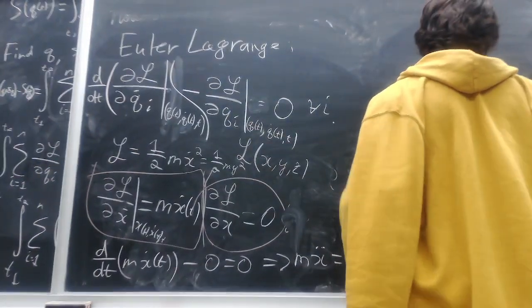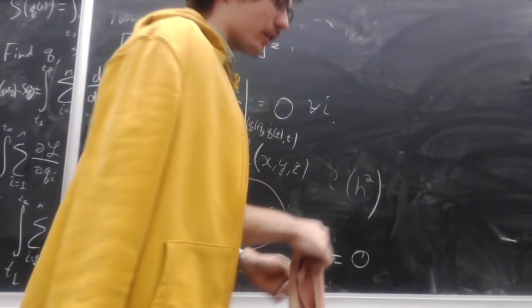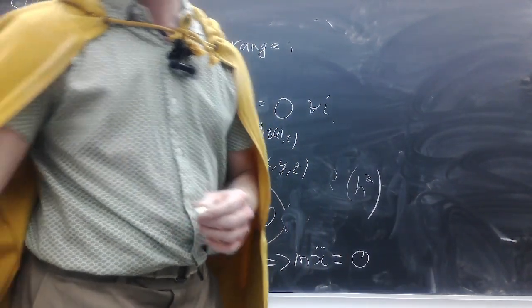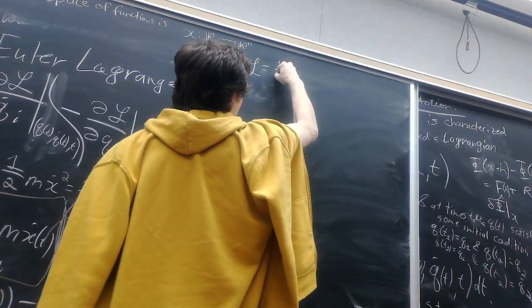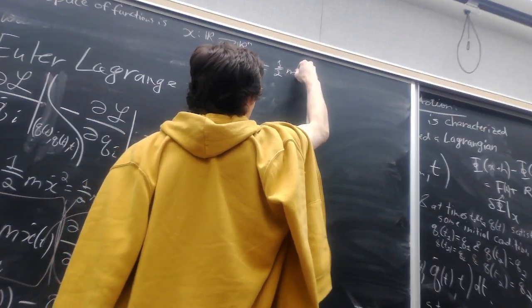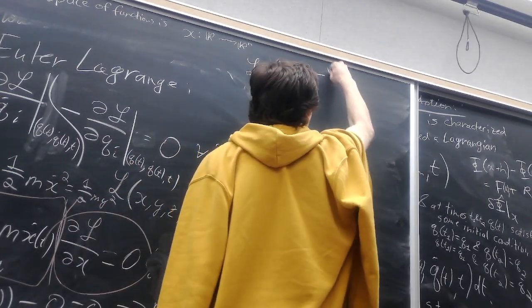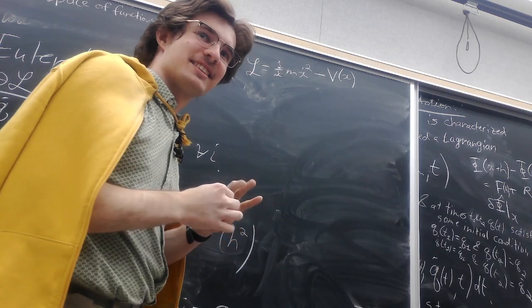So I'm going to write down a Lagrangian for a single particle. Suppose my Lagrangian was 1/2 m x dot squared, the kinetic term as always, minus some V of x.